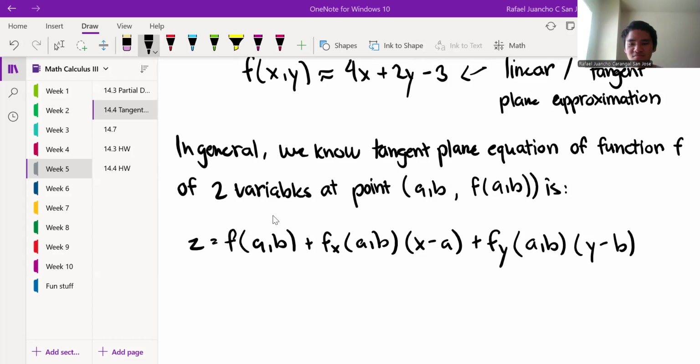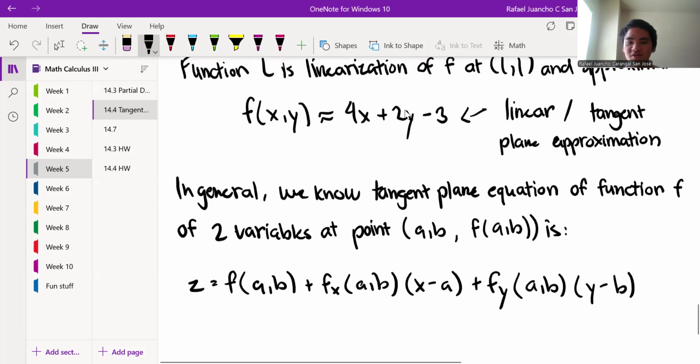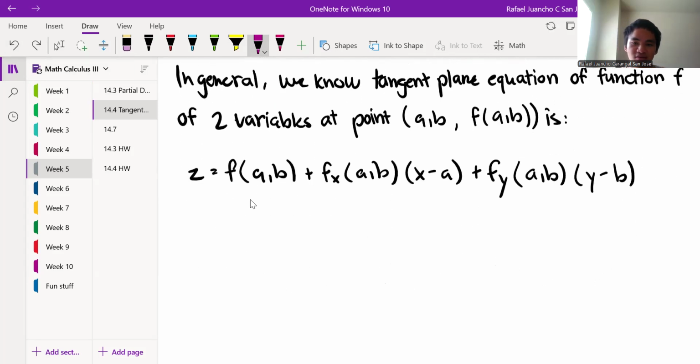And this is just general from the thing that we got. This is the general formula.